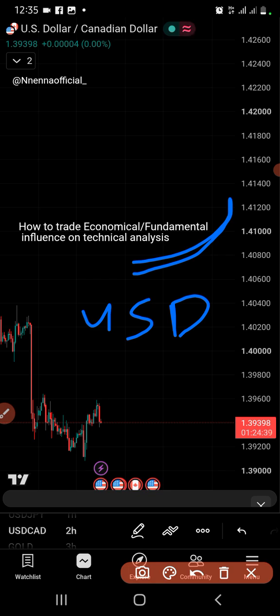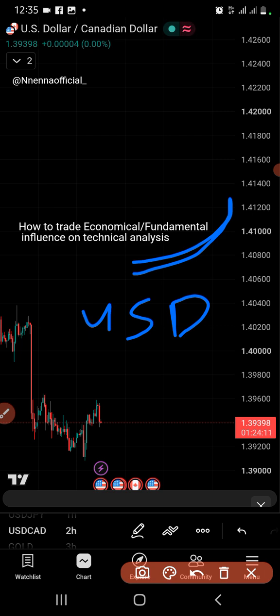Majorly, the currency of a country is what determines or reflects the weakness or the strength of its economy. If a currency is weak, it shows how low the economy state is. If the currency is very strong, it's typically telling you their economy is doing well, people are fine.